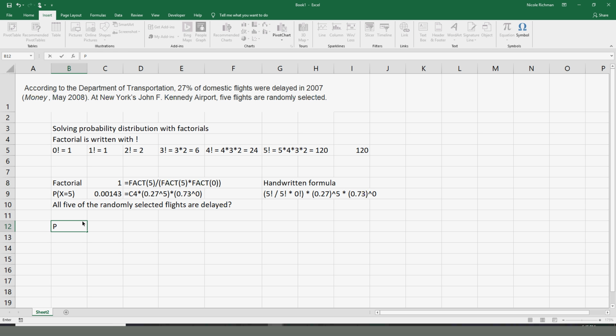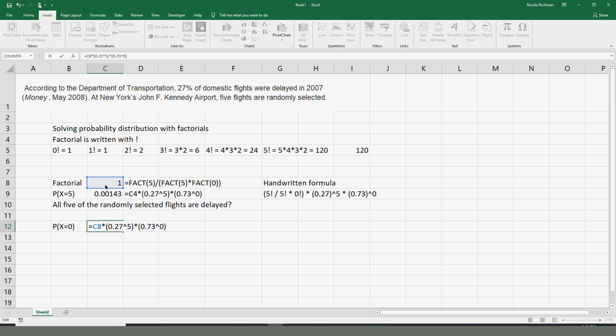So we do the same thing for the probability that no flights will be delayed. And it's the same factorial. The only difference is that now we're going to do 0.27 to the power of 0 and 0.73 to the power of 5. So we can actually take this and copy it down.